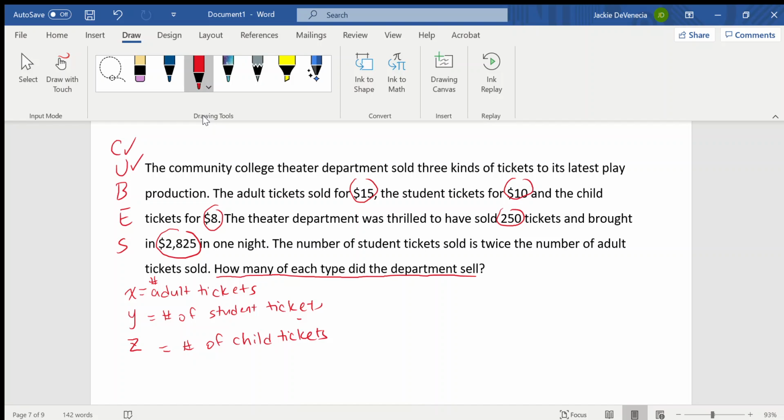Okay, so we have all these ticket numbers. Now, we have to go ahead and box our key math terms.